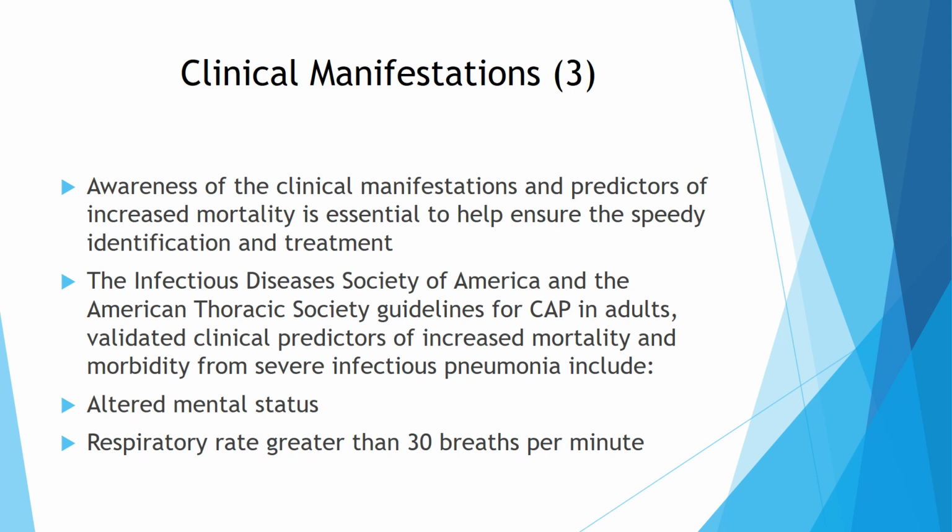So awareness of the clinical manifestations and predictors of increased mortality is essential to help ensure the speedy identification and then treatment of this pneumonia. The Infectious Disease Society of America and the American Thoracic Society guidelines for CAP in adults validated clinical predictors of increased mortality and morbidity from severe infectious pneumonia, which include an altered mental status, a respiratory rate greater than 30 breaths per minute.